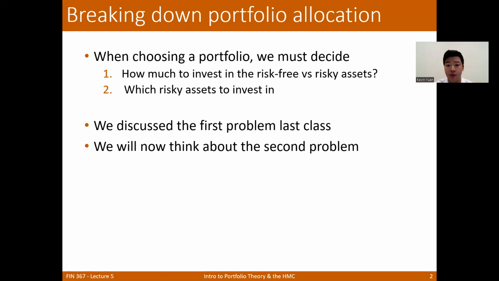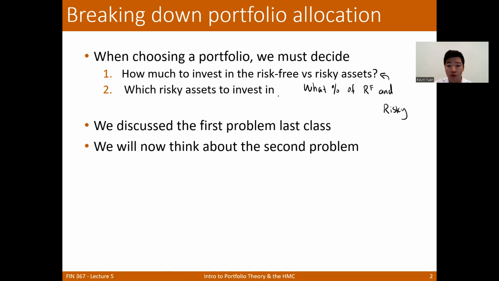The second question we also want to talk about now is which risky assets to invest in, right? Because as I said, the first question is what percent of risk-free and risky. That's question number one, and we talked about that in class through the Sharpe ratio and the capital allocation line.